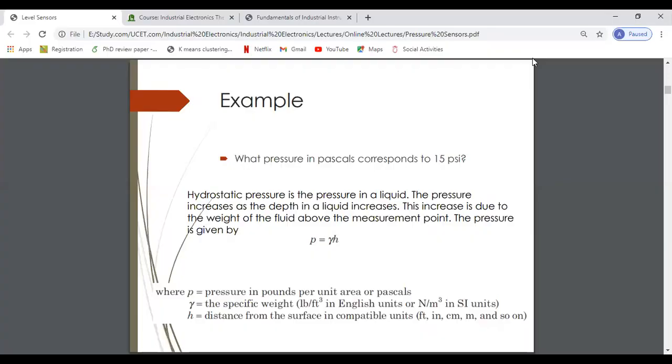Okay, we have discussed the different units present to measure pressure, and the unit of Pascal is from the SI system of units, which is equal to Newton per meter square. Usually 1 Pascal is equal to 1 Newton per meter square.